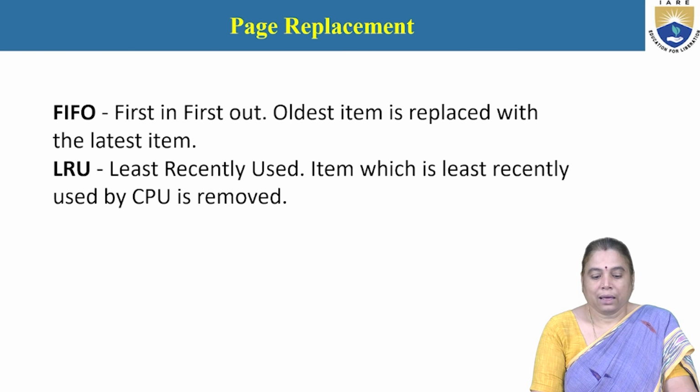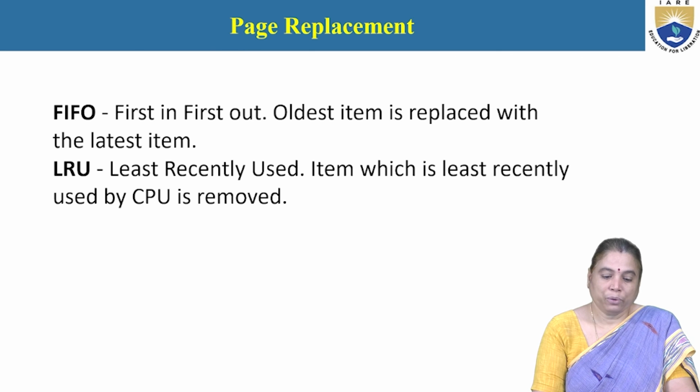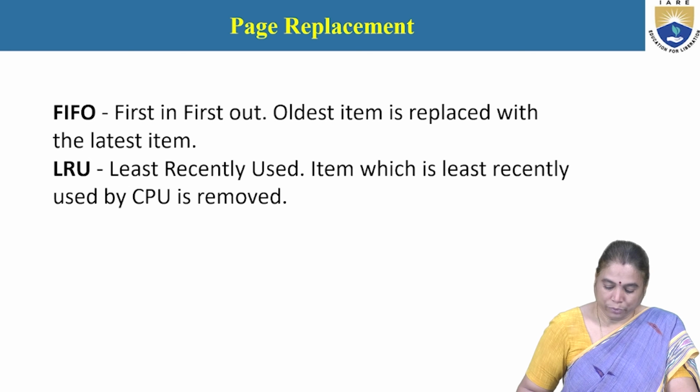In case of LRU, least recently used, the page which is least recently used by the CPU is removed and replaced with the latest page in the cache. So these are the page replacement algorithms that can be used.